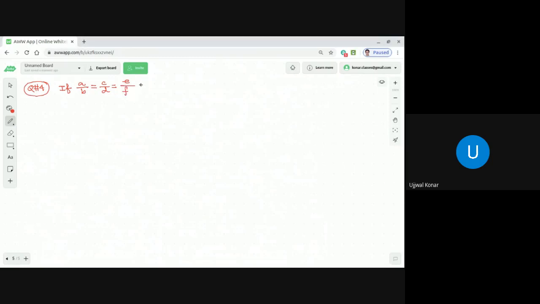Prove that a square plus c square minus e square divided by b square plus d square minus f square is equal to c into e divided by d into f. Correct, no? So how to solve this one?